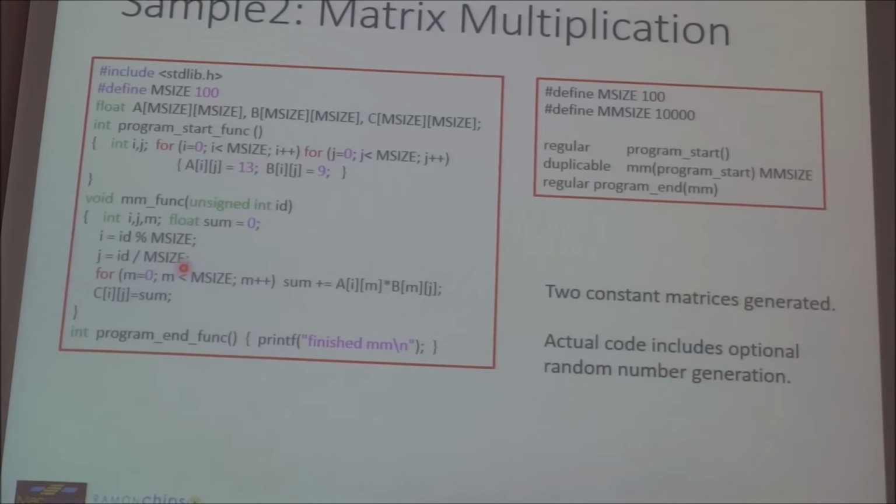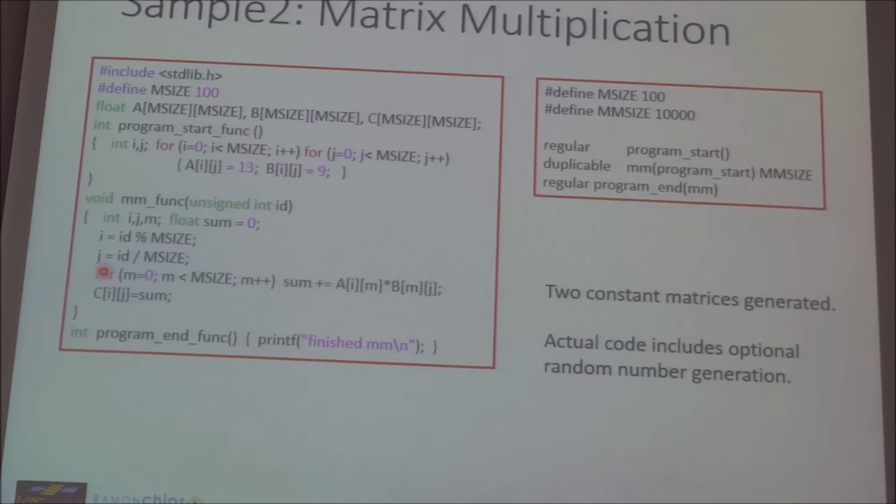Oh, sorry, not the remainder, the main number. So the column number is this, and this is the modulo. So I is the remainder, and J is the integral division. This will generate, in a very simple way, all values of I and all values of J from 0 to 99, since m size is 100.